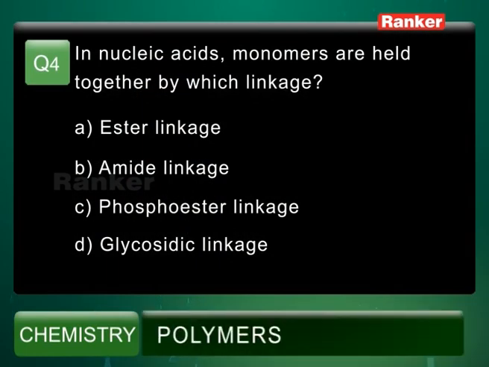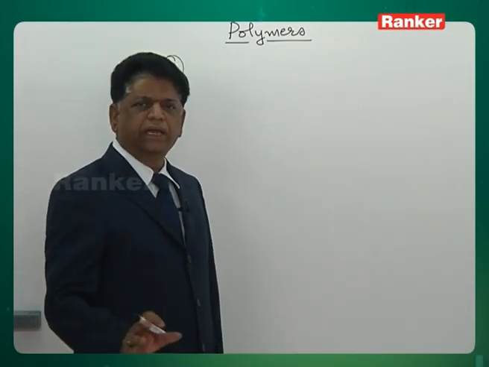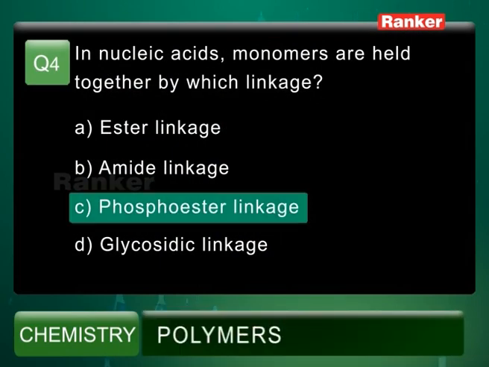A is ester linkage, B is amide linkage, C is phosphate linkage, and D is glycosidic linkage. Through phosphate, the sugar unit and bases go on joining. So therefore answer C is the right answer.